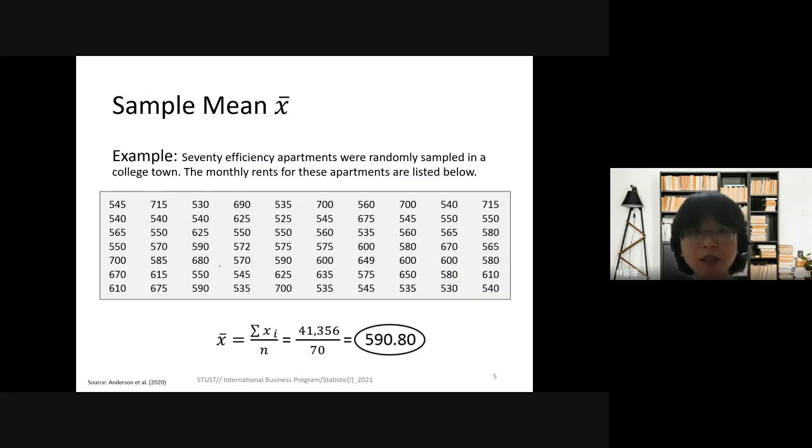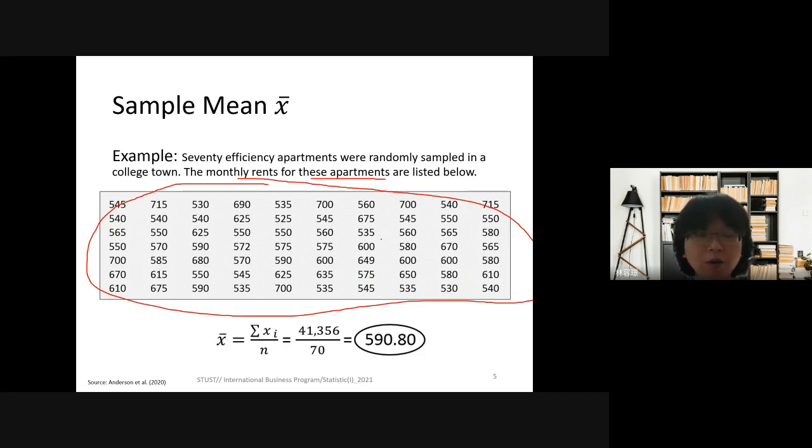For example, here is a data set. Then you will find the monthly rent for these apartments, listed below. If you would like to know the mean monthly rent for these apartments, you can add them together, summation.